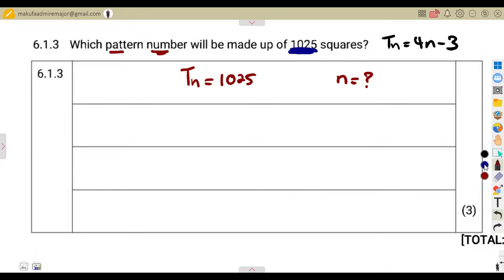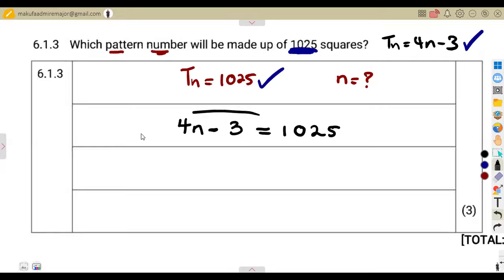So it's an equation. This Tn, which is an expression, and this Tn, which is a numerical value, are equal. So you can form an equation when it is like that. 4n minus 3 is equal to 1,025. Remember your linear equations.